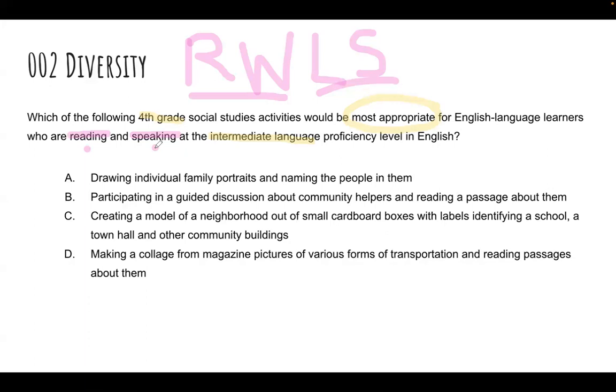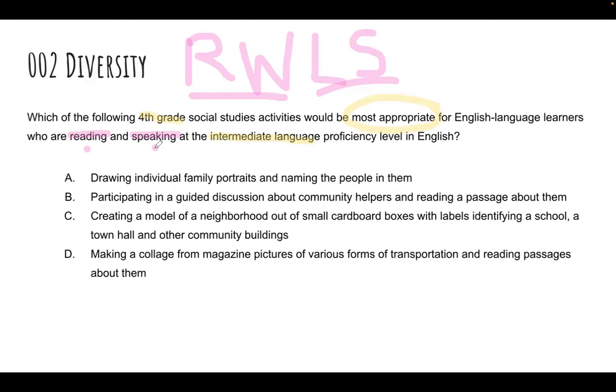Beautiful, best practice activity. I love it. It's not even on reading and speaking. It might be about writing and listening. And so it cannot be, no matter how fantastical of a best practice activity it is. The carefulness and the details in the reading are very, very important. So that was a biggie. Thank you. Reading and speaking.